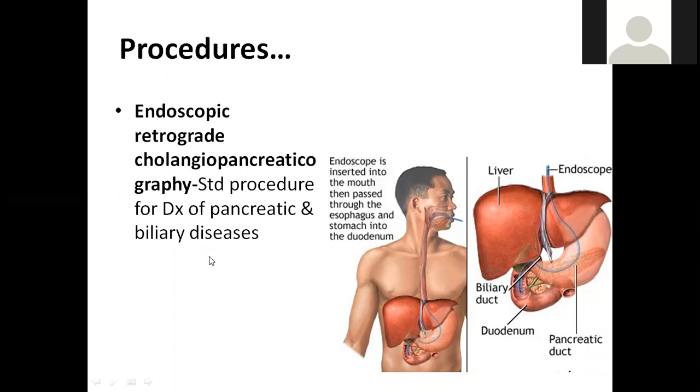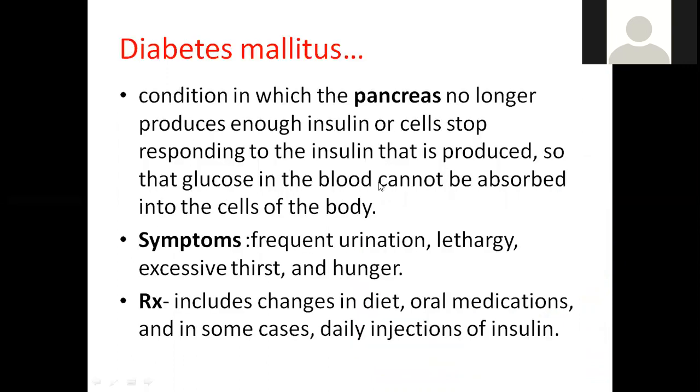That is the technique which helps us visualize the pancreas and extrahepatic biliary apparatus. ERCP, you can remember. And we know if the endocrine part of the pancreas is not working, it will lead to diabetes mellitus.